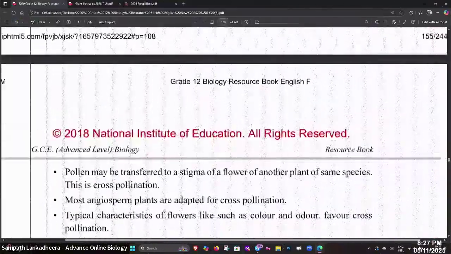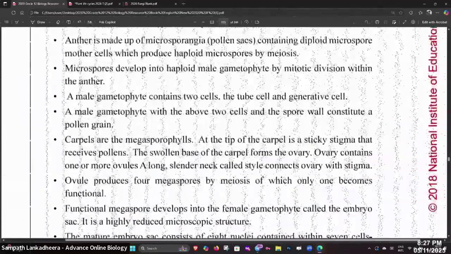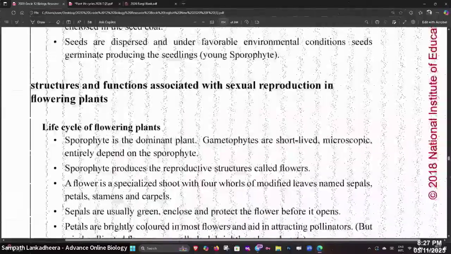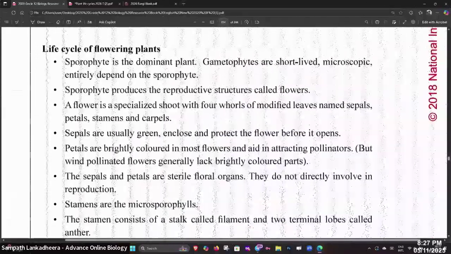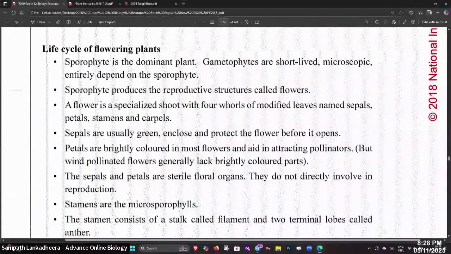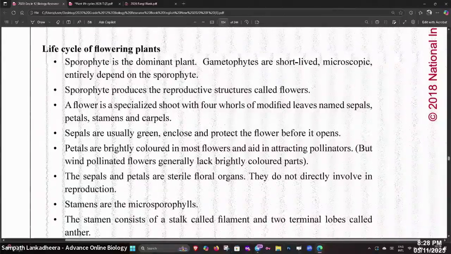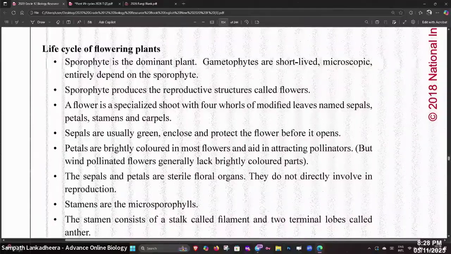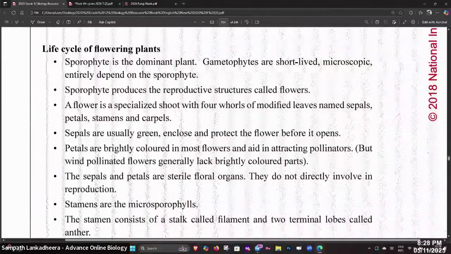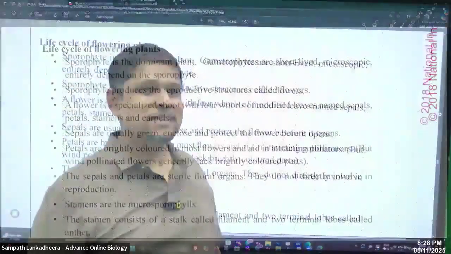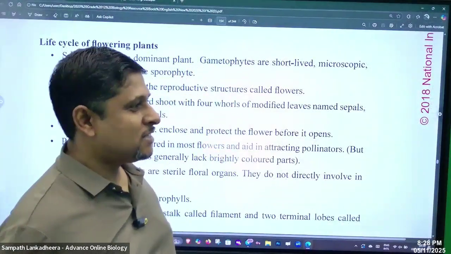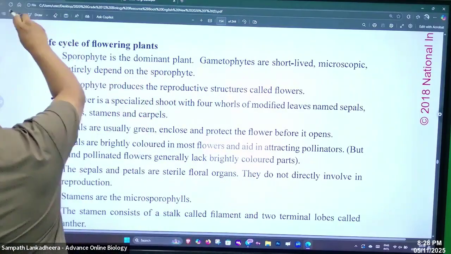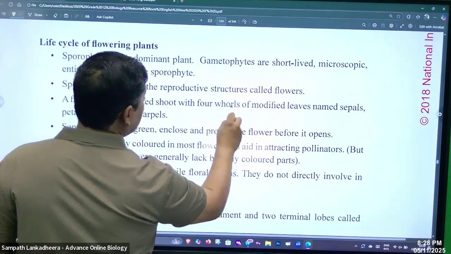Life cycle of flowering plants. Sporophyte is the dominant stage. Gametophytes are short-lived and microscopic. Sporophytes produce reproductive structures called flowers. A flower is a specialized structure with 4 whorls. This word is important: whorl.